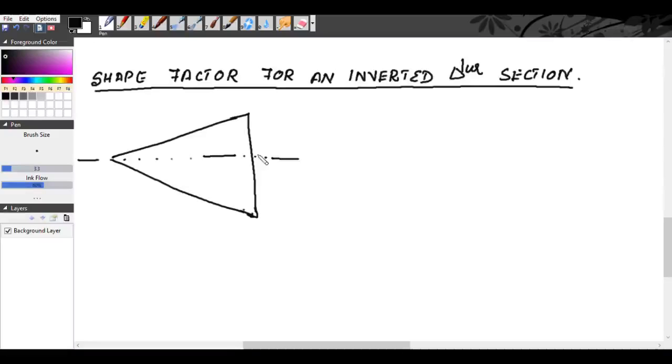And for this section, your I will be equal to BD cube by 48, and Y will be equal to D by 2. So you can easily calculate the remaining things also because it is just a triangle. For an inverted triangular section, your shape factor will be equal to 2.